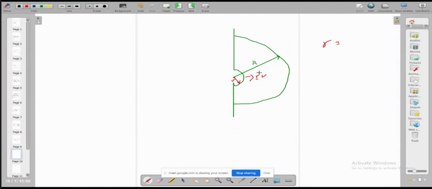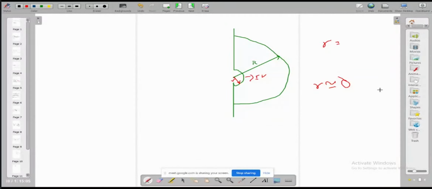Write down: path 4 is a semicircle with radius nearly equal to 0.